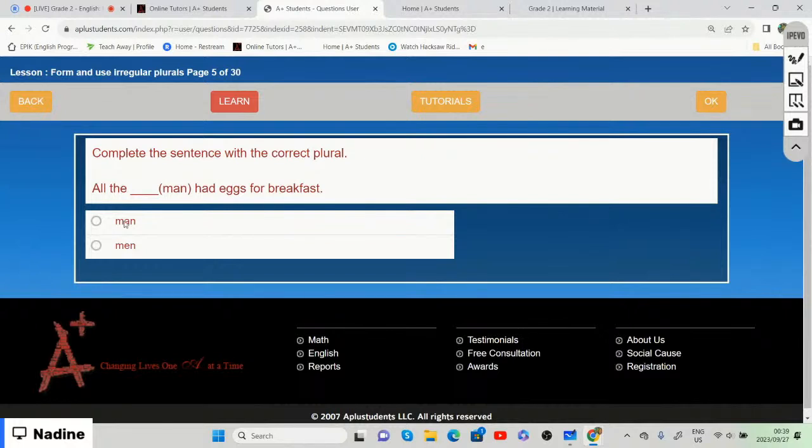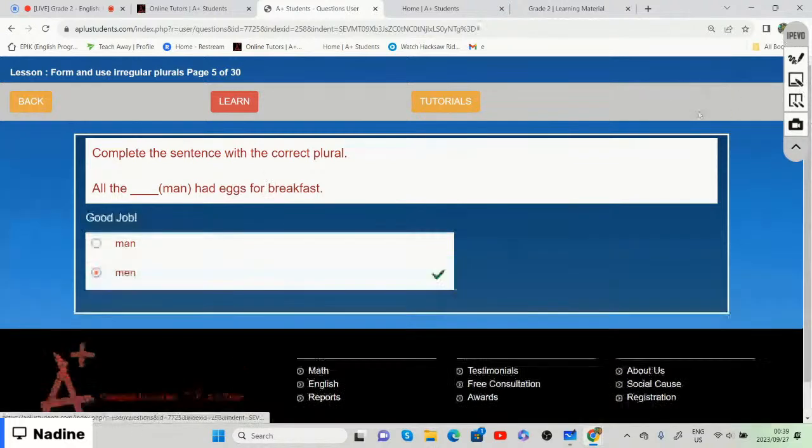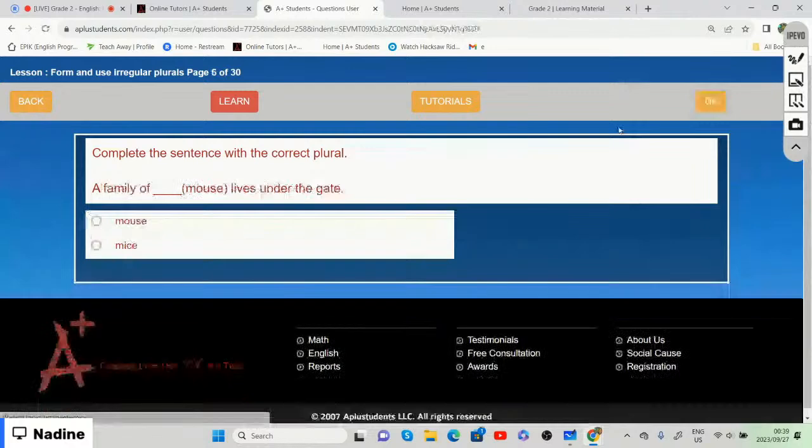And later on, this man becomes, if we show more than one, and we say it is men. One man, lots of men. Men is the plural form of man. All right.